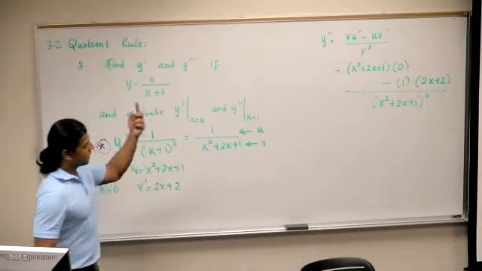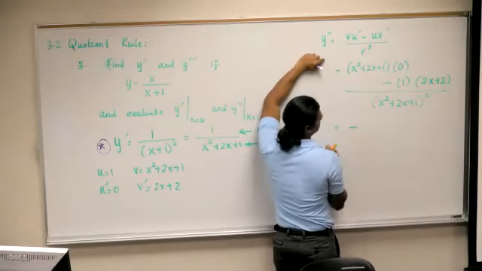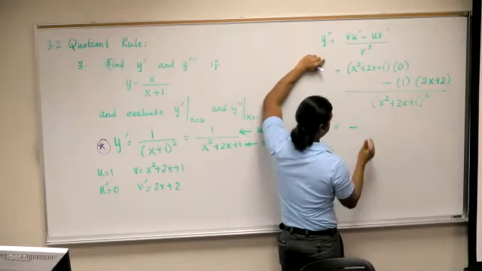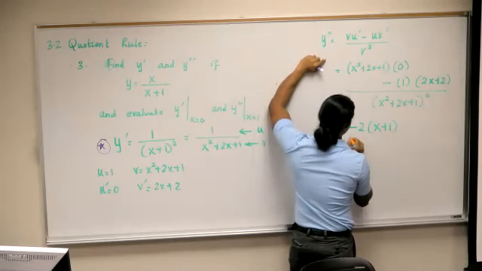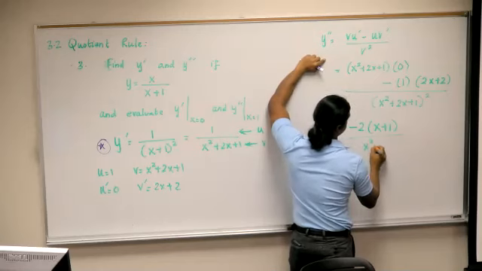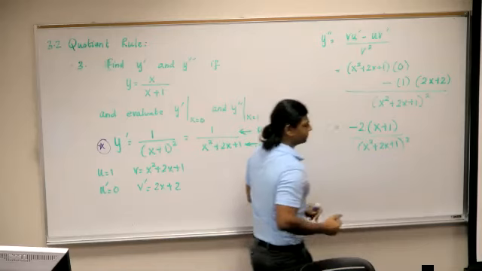Good. So that first term is going to vanish. So you have minus 2 in common, going to pull 2 out. Have x plus 1 divided by x squared plus 2x plus 1 squared.